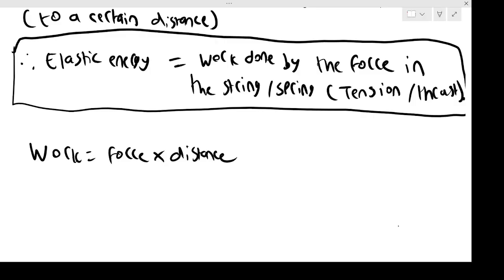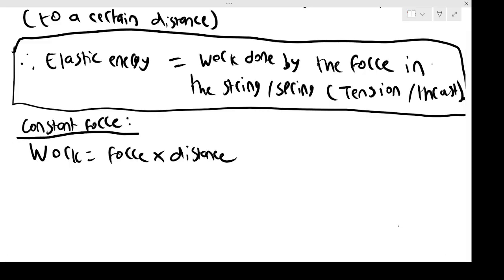Turns out no, we can't just use this formula to calculate the work, because this formula only works when the force is always constant, so it's always the same no matter what. Okay, so this formula is for constant force.